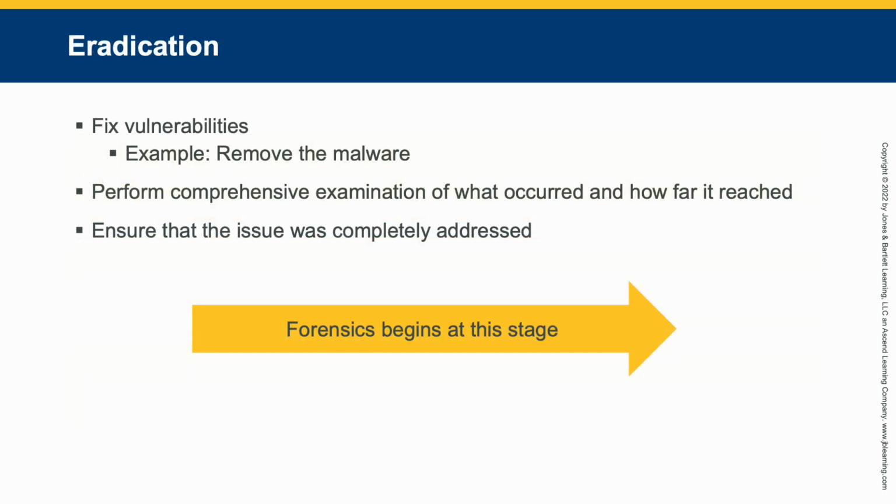Eradication: fix vulnerabilities. For example, remove the malware, perform a comprehensive examination of what occurred and how far it reached, and ensure that the issue was completely addressed. Forensics begin at this stage.